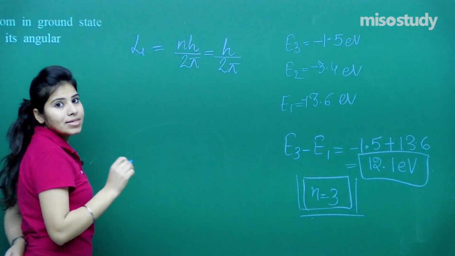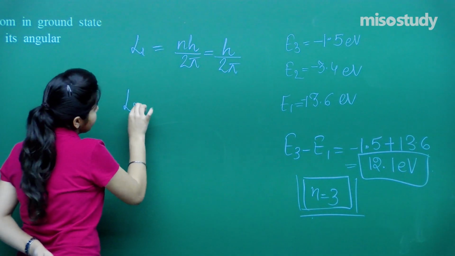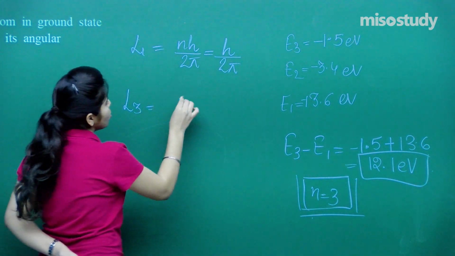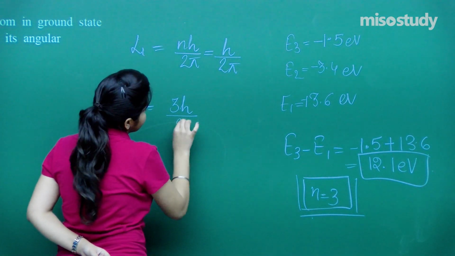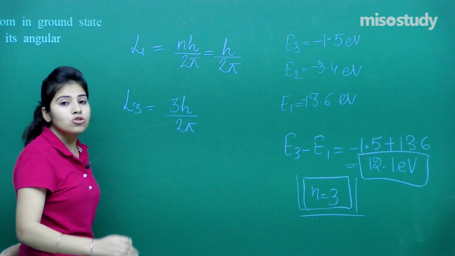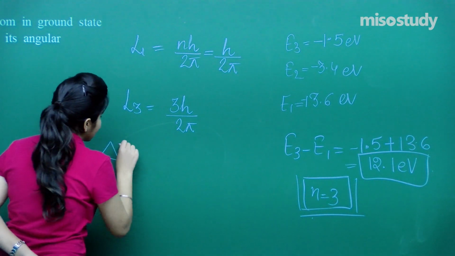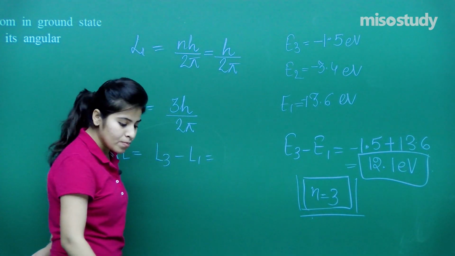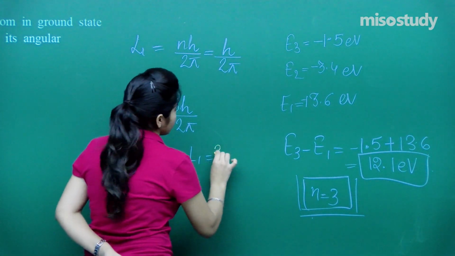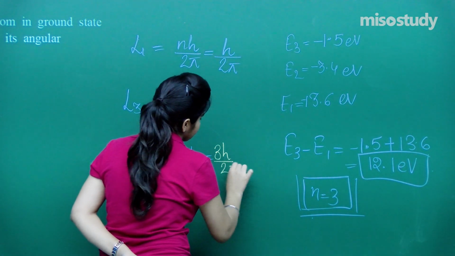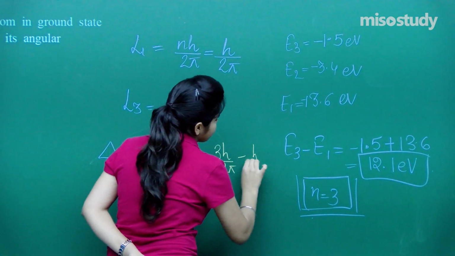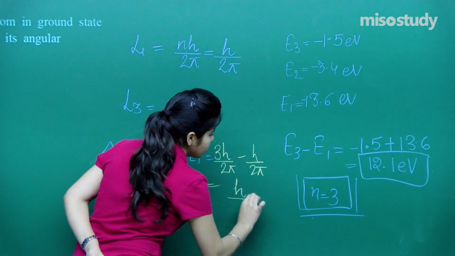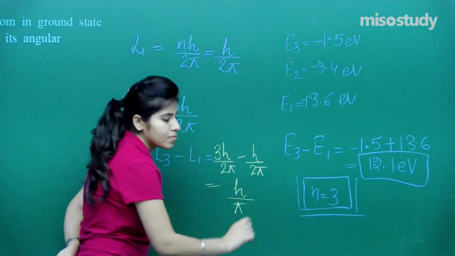In the second case, L3, because the electron has moved to the third shell, your angular momentum will be 3h upon 2 pi. To find the difference, delta L will be L3 minus L1, so 3h upon 2 pi minus h upon 2 pi. So you are left with h upon pi.